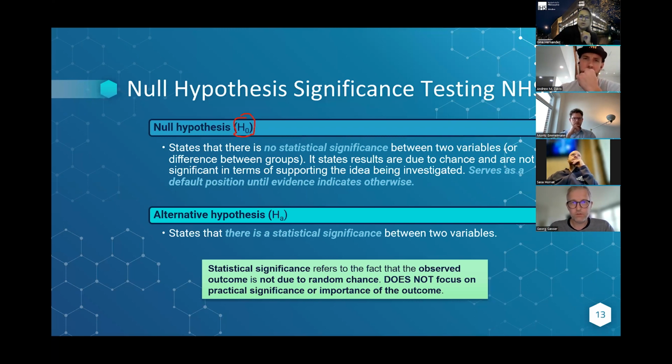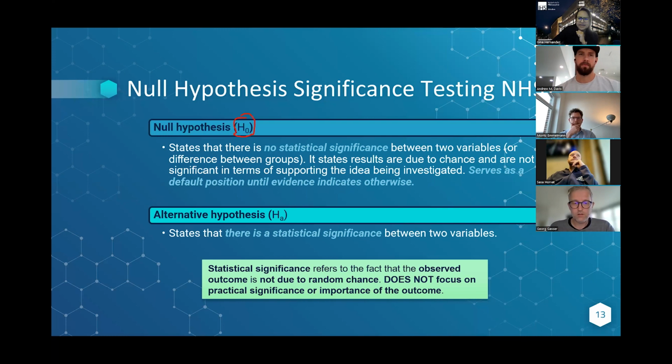The opposite of the null hypothesis is the alternative hypothesis. In the alternative hypothesis, we are stating that we can actually find a statistically significant difference between two variables. So you do see an effect of one variable on the other one, and this difference is statistically significant.